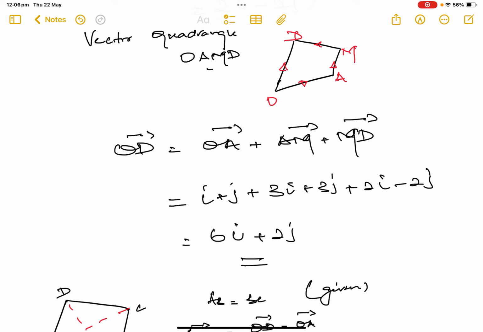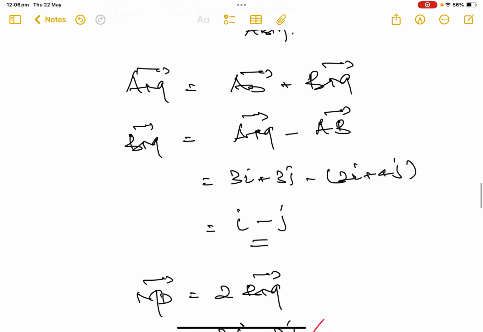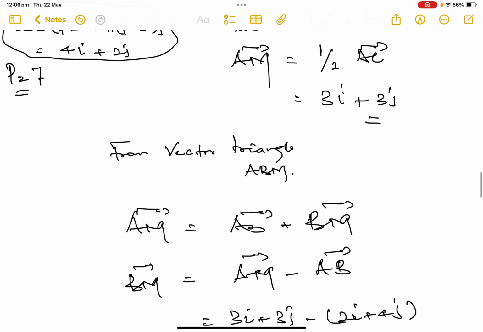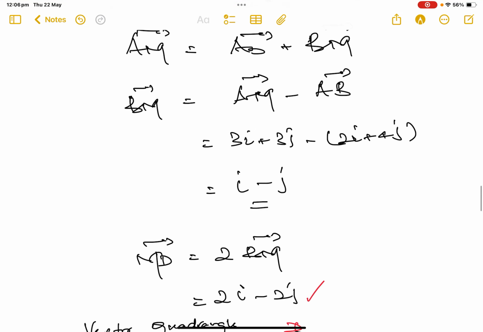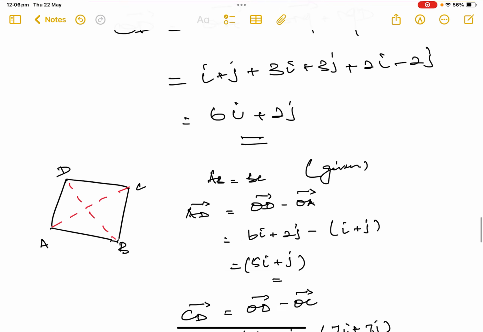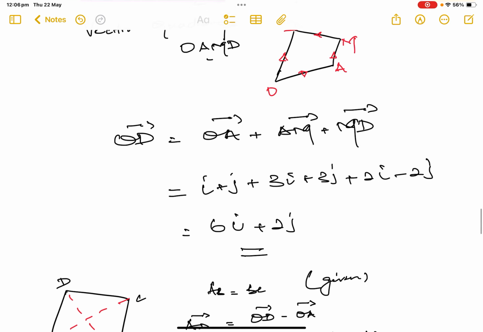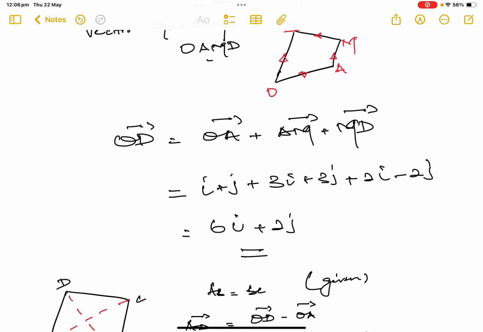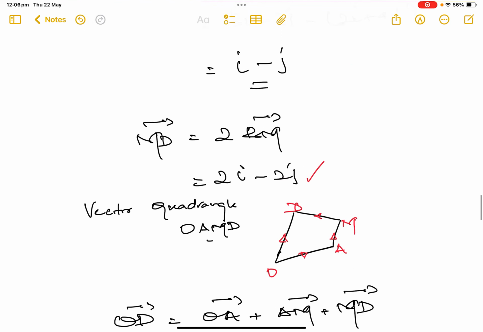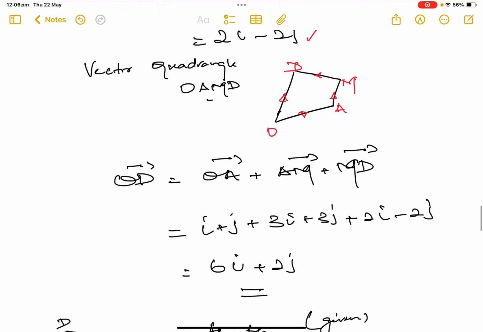OA is given from the first part, i plus j, AM is 3i plus 3j, and MD is 2i minus 2j.